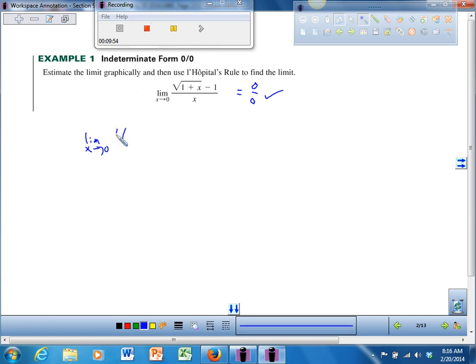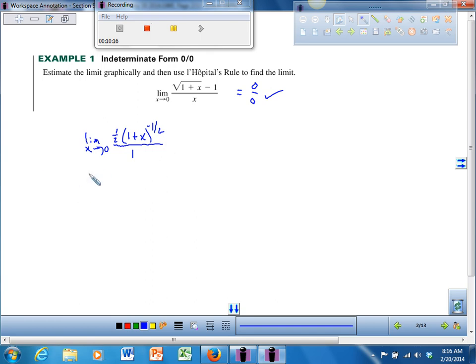So 1/2, and you're doing it right, Logan. I'm just taking it step by step. 1/2 times 1 plus x to the negative 1/2 times 1, okay? And then the minus 1 goes to 0 when we take that derivative over what? Over 1. All right, and now we just reevaluate our limit.